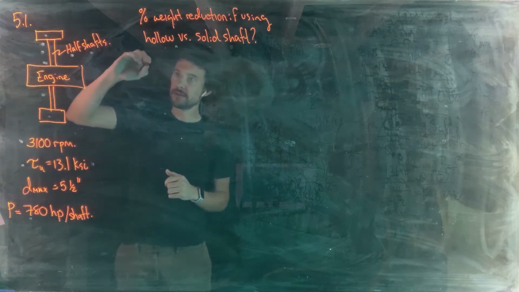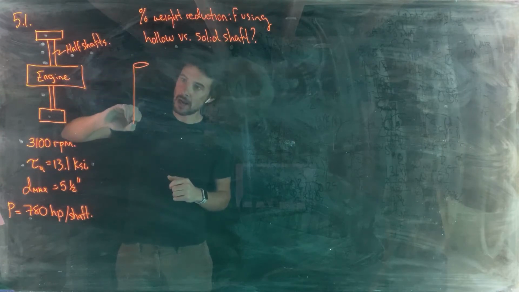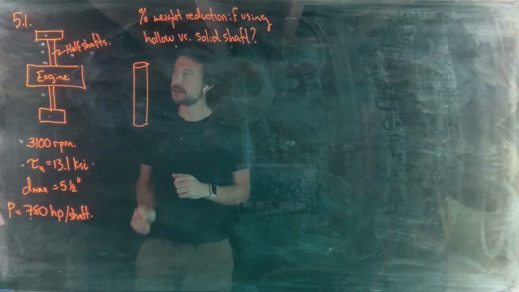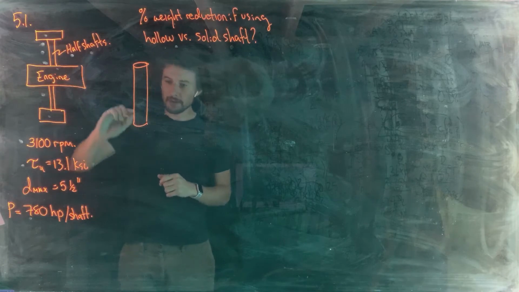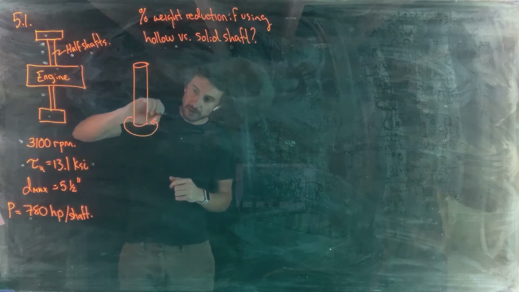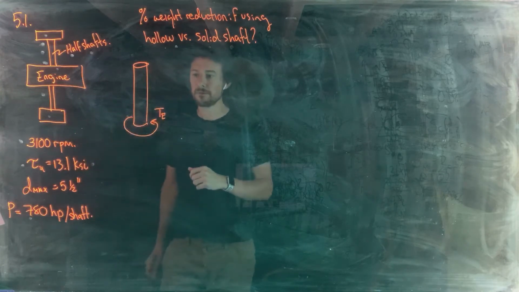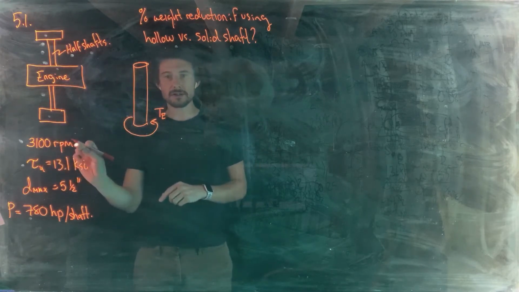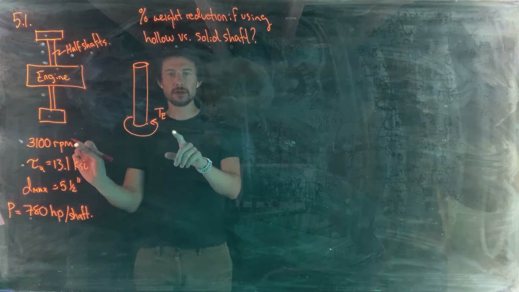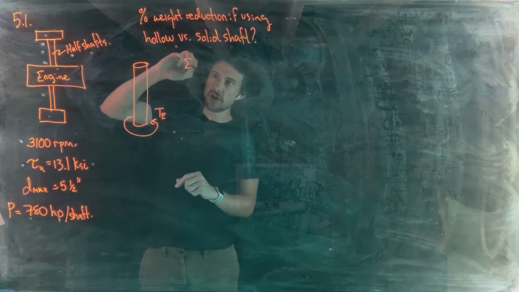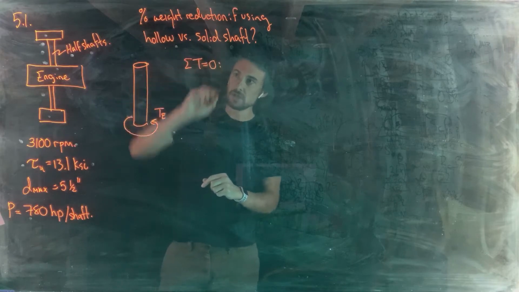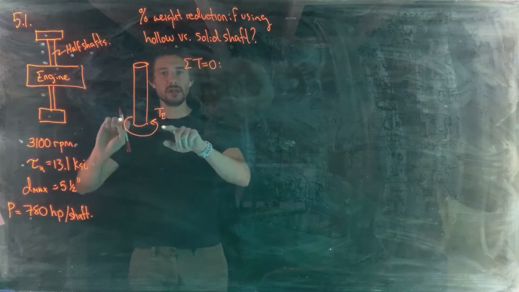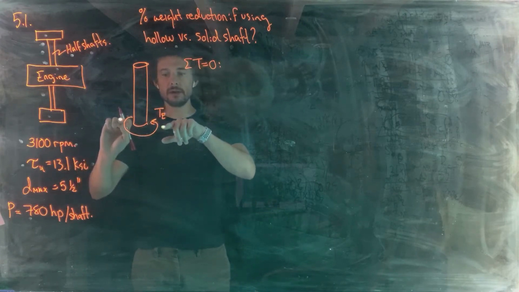So if we take the top half shaft there, like this, the engine is applying some torque, T subscript E, for the torque from the engine. And if it's rotating at a constant velocity, the sum of the torques has to be equal to 0 for this shaft. So where is the equal and opposite torque that is opposing the torque from the engine?